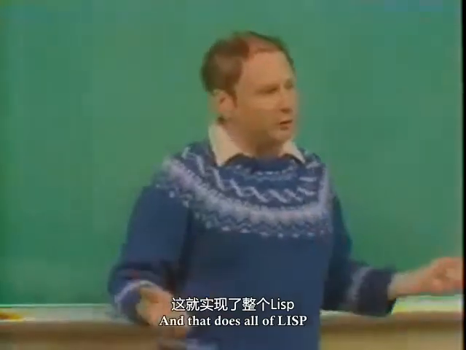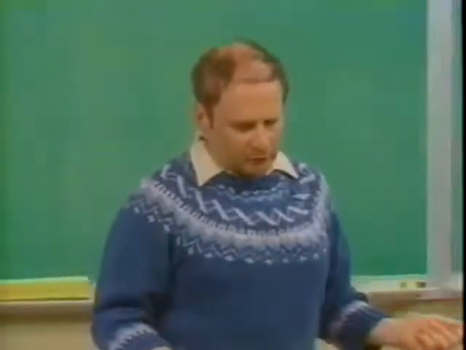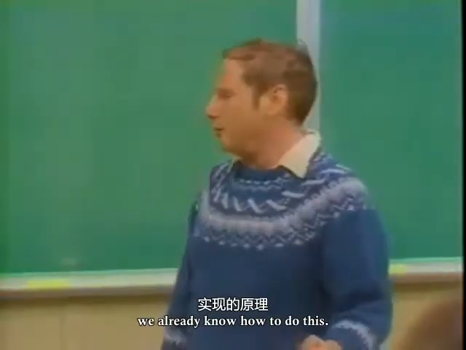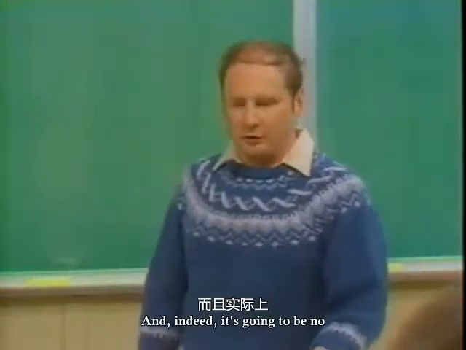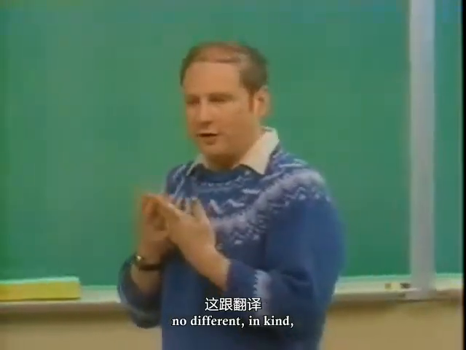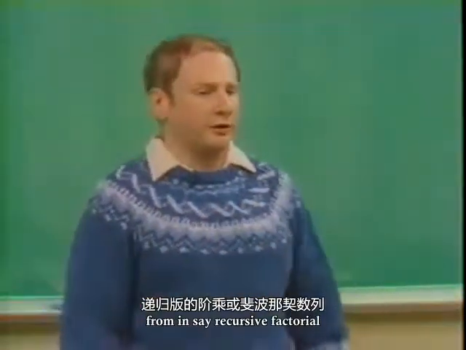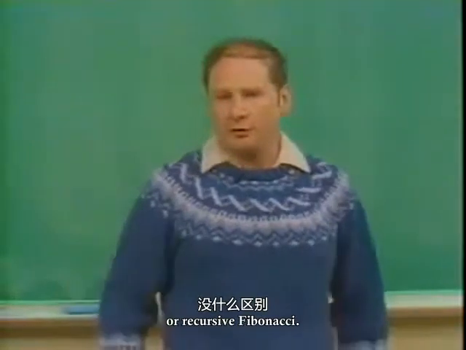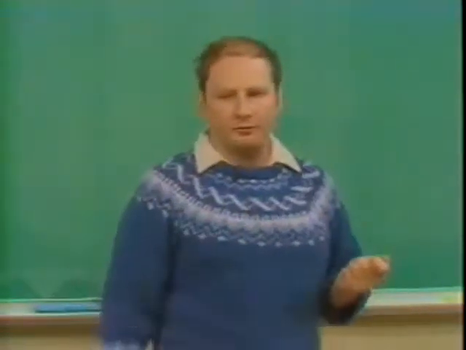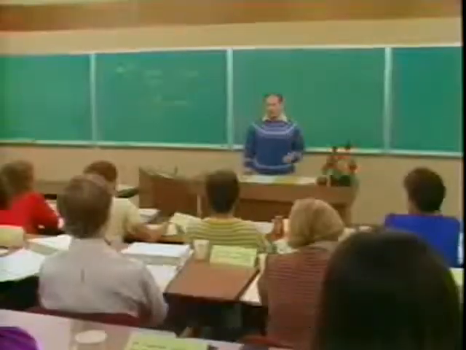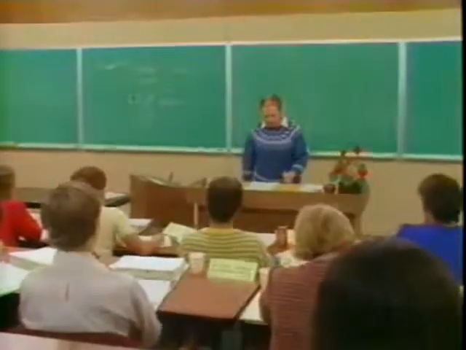And that does all of Lisp. So in principle, we already know how to do this. And indeed, it's going to be no different in kind from translating, say, recursive factorial or recursive Fibonacci. It's just bigger, and there's more of it. So it'll just be more details, but nothing really conceptually new.